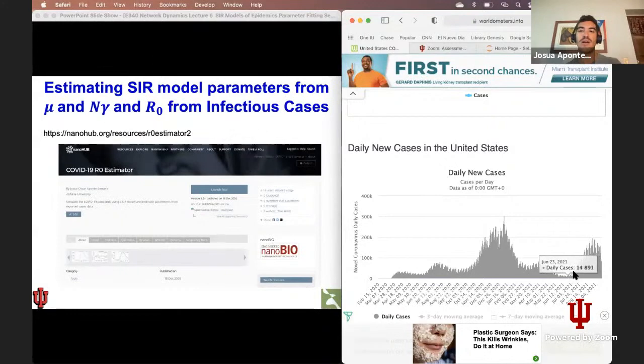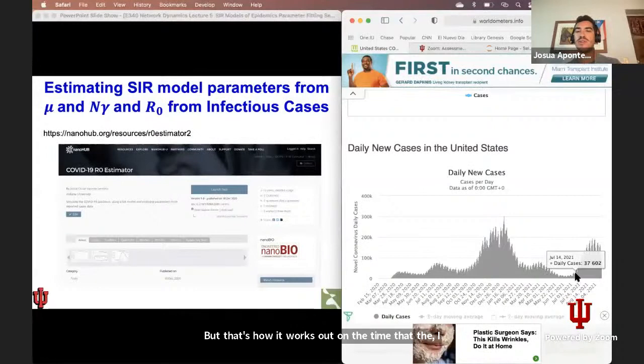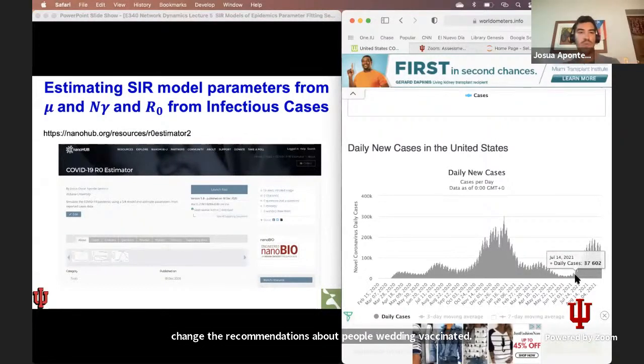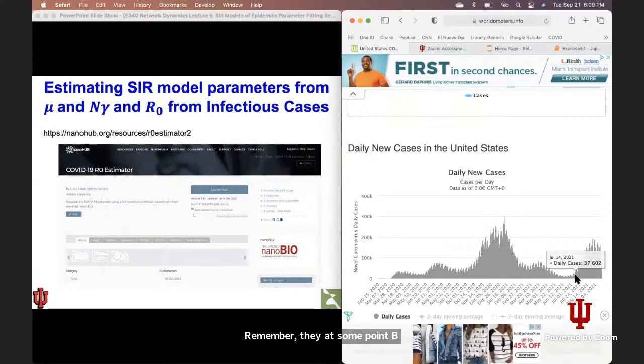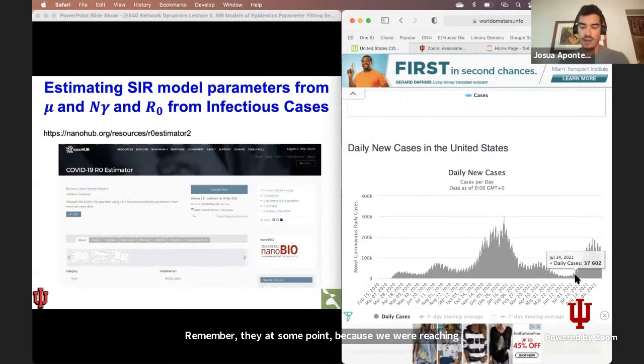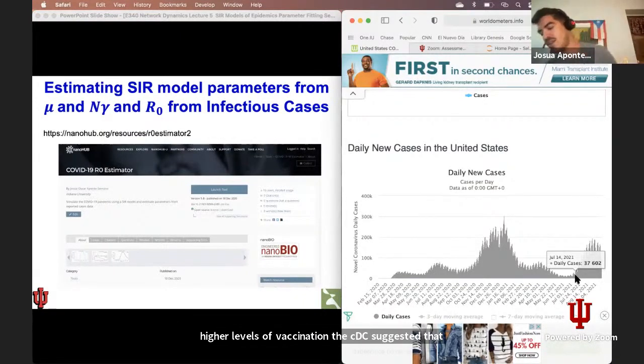But that's also around the time that the CDC changed their recommendations about vaccinated individuals having to wear masks inside. Because we were reaching higher levels of vaccination, the CDC suggested that individuals who were fully vaccinated did not have to wear masks inside.